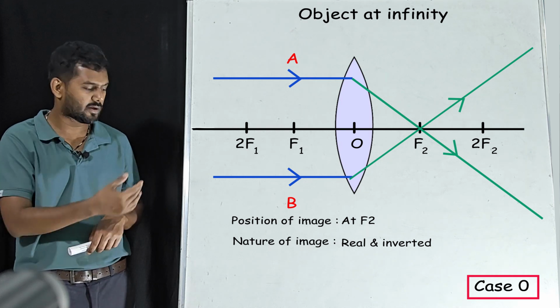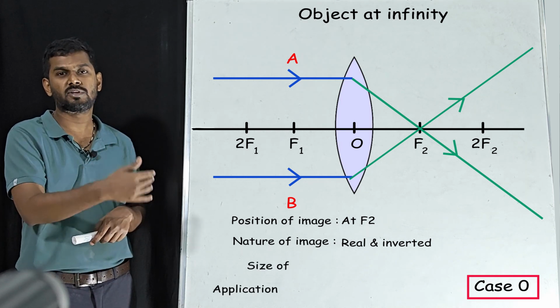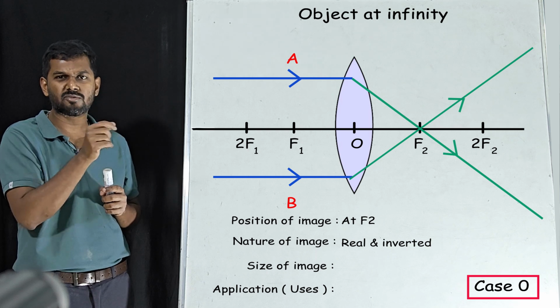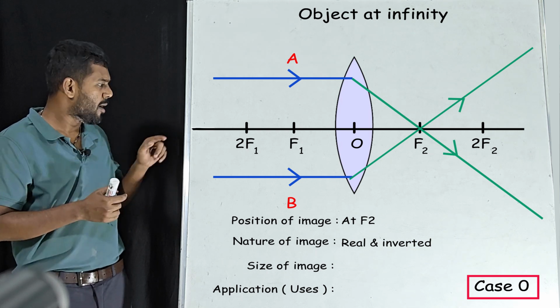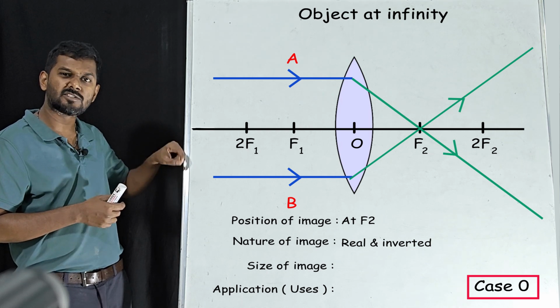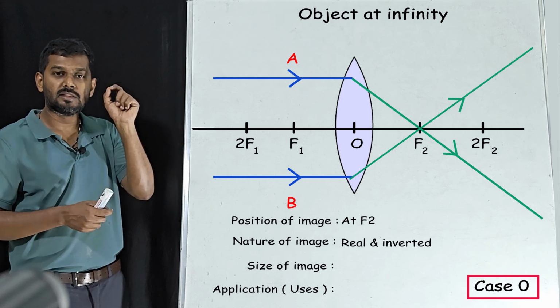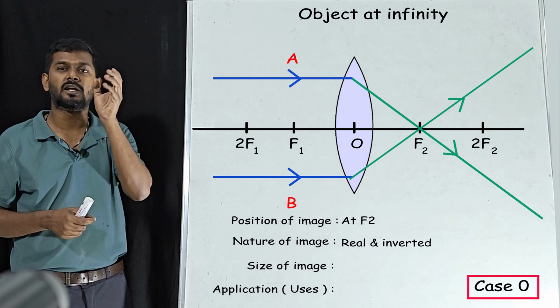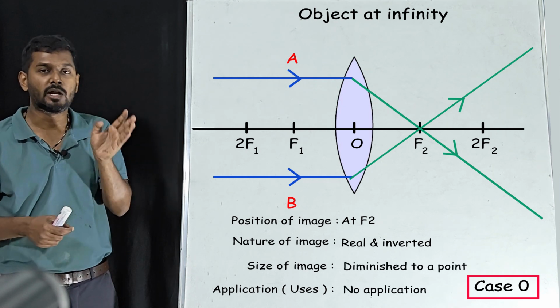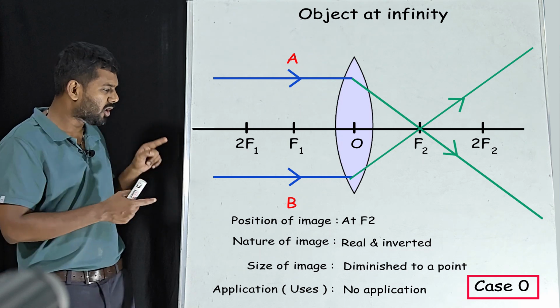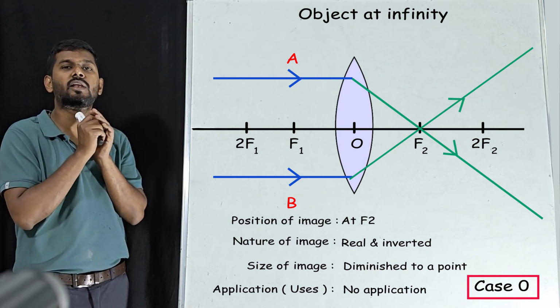The last characteristic is the size of the image. The size of the image is always calculated from the principal axis. So if the image is on the principal axis, that means the image size is diminished to a point. All the three you should write for every ray diagram.